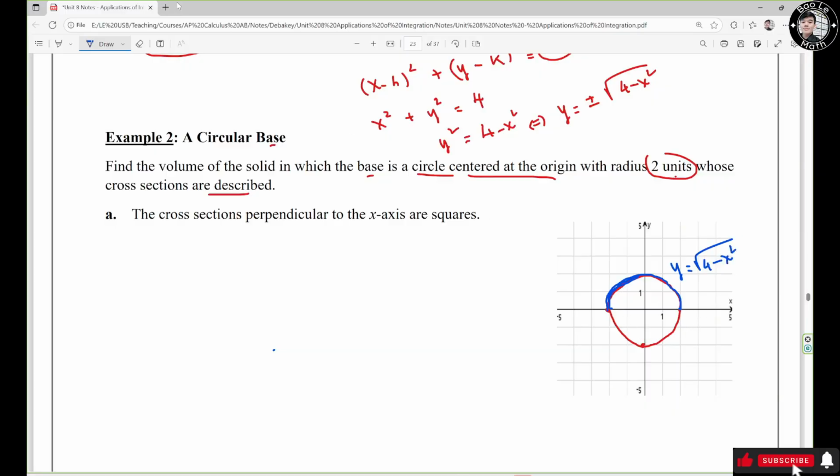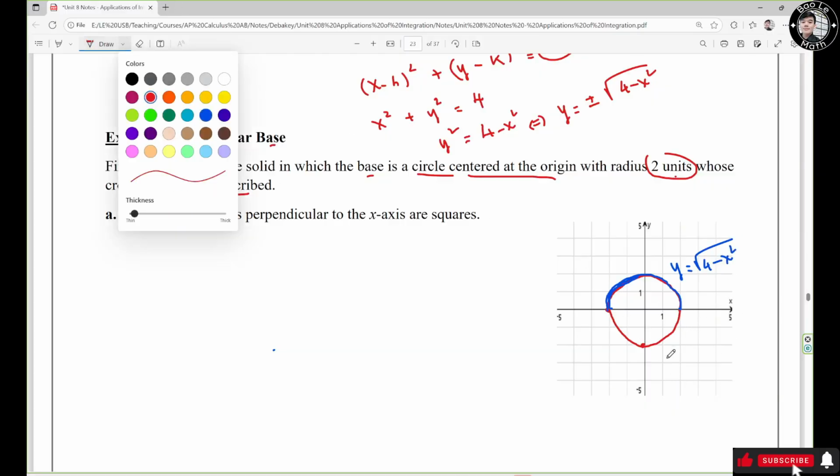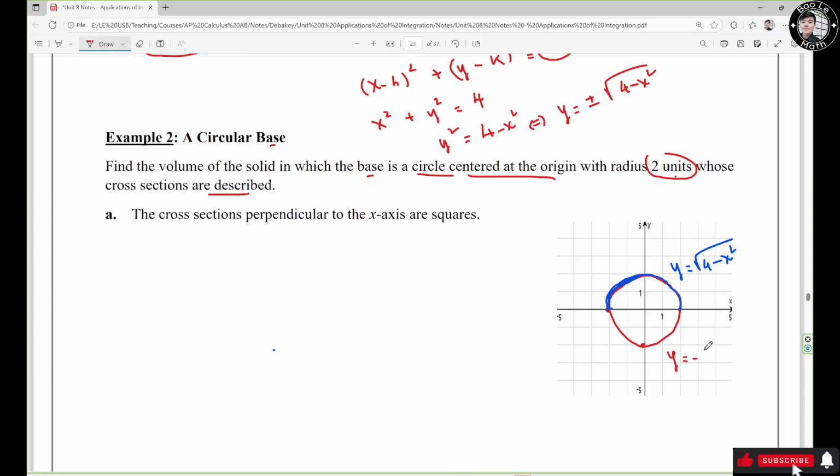And the lower one is the red one, right? So it could be y equals negative square root of 4 minus s squared, right? The cross sections perpendicular to the x-axis are squares, right? So you see the cross section is going to be something like this.